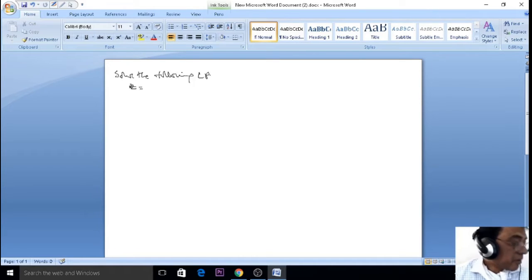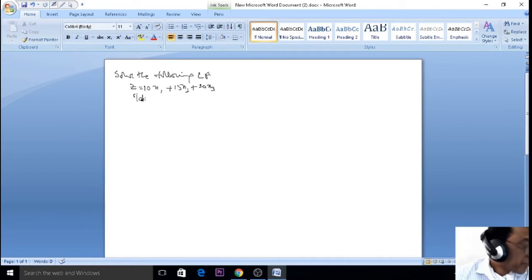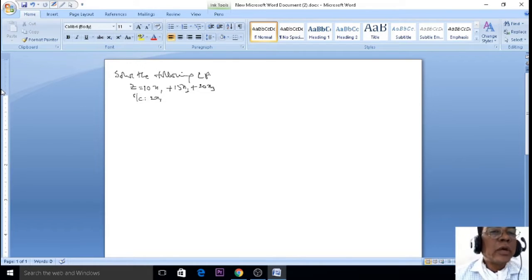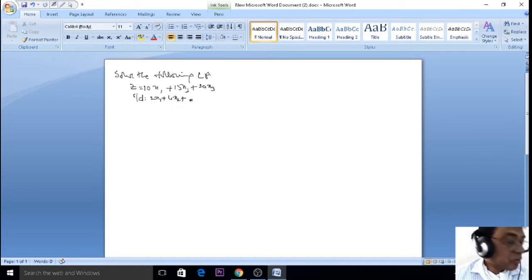Z is equal to 10x1 plus 15x2 plus 20x3, subject to the constraints 2x1 plus 4x2 plus 6x3 greater than or equal to 24. This is a minimization.